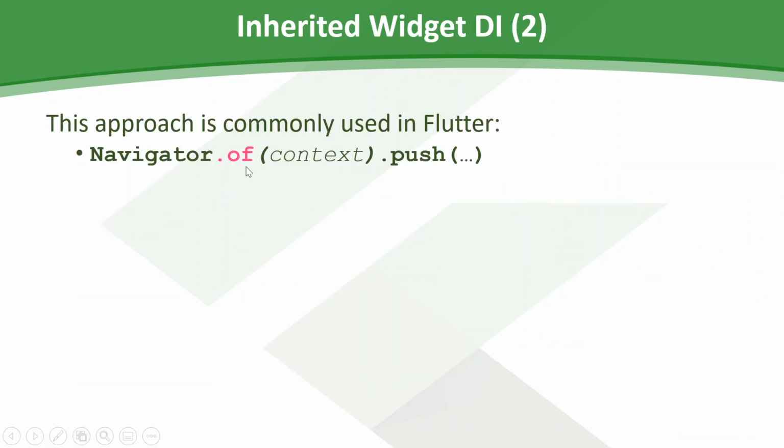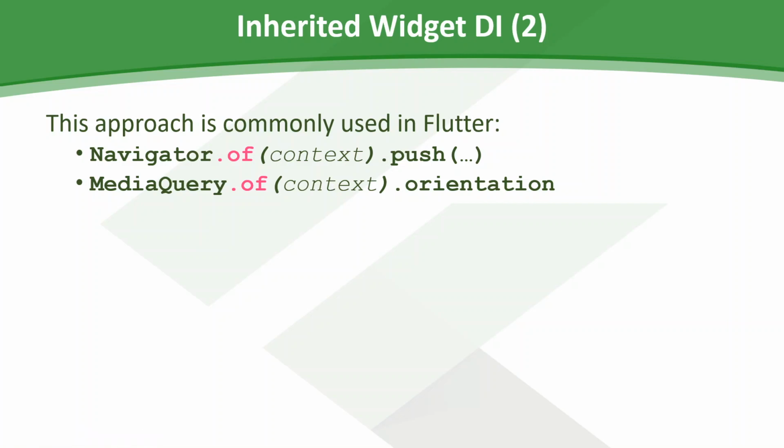Then again, .of is only applicable to an inherited widget. So Navigator is actually a kind of inherited widget. It's a child class of InheritedWidget. Can you also have MediaQuery.of? This is the same. You go on top to get the information about your media query.